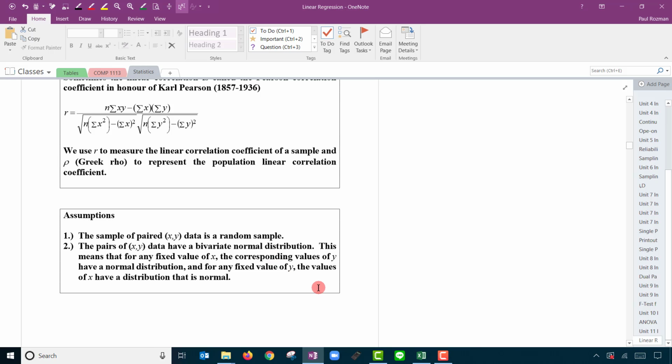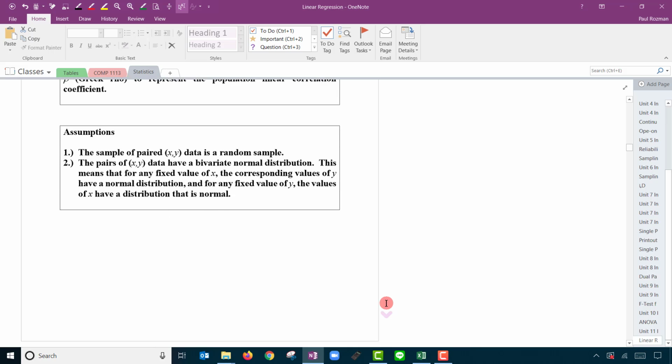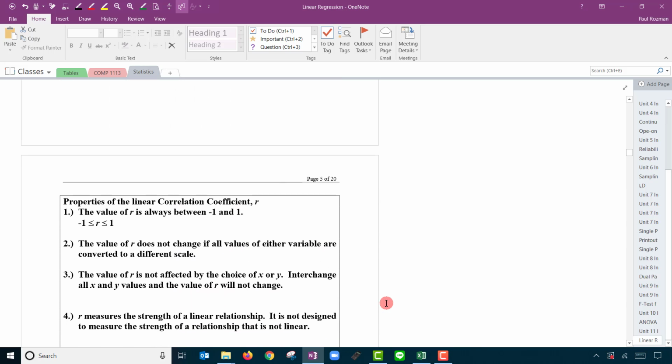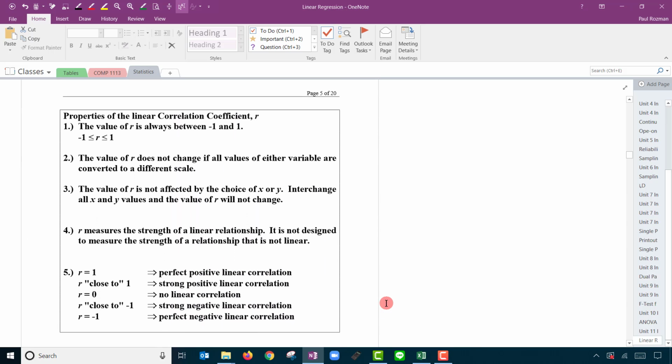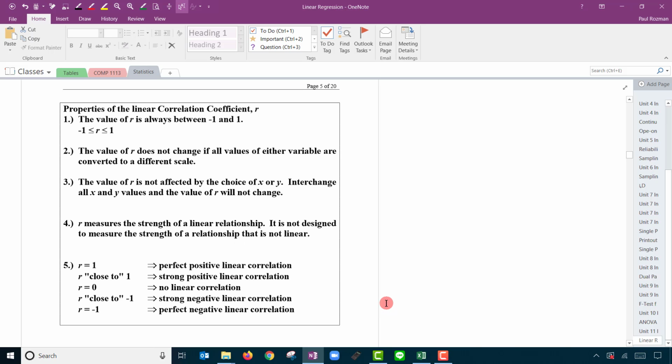And if you chose a y, the x values would follow a normal distribution, which is sometimes hard to verify, actually, because you don't usually have enough readings at each value of x or each value of y in order to verify that. So we have to sort of verify that assumption in an indirect way.